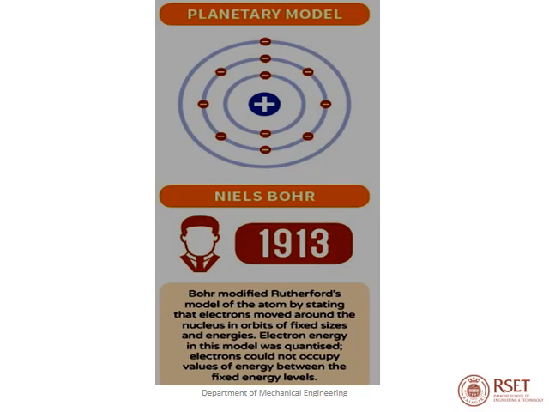So we can see there is a positive nucleus with protons and neutrons. The electrons will be moving around the positive nucleus in fixed, that is discrete, orbits. But this model has a limitation. It doesn't obey Heisenberg's uncertainty principle. So later this model was modified.